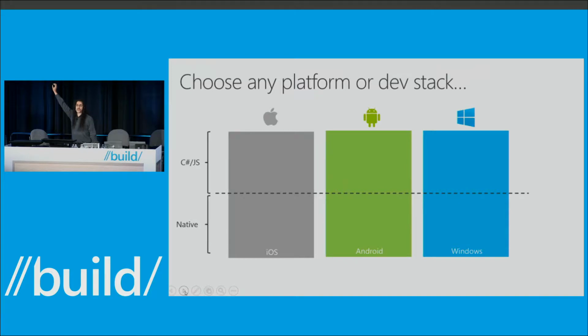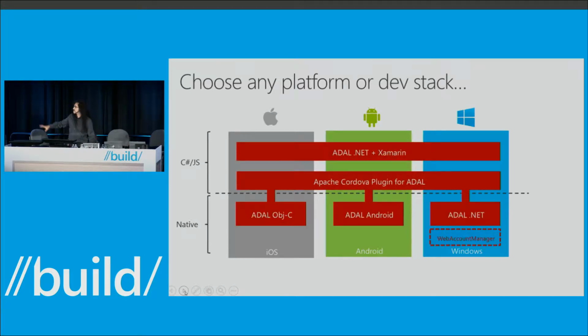You can choose to operate at the language level. During this talk, you'll see details of all these red boxes. For the time being, I can just tell you those red boxes help you to take advantage of Azure AD from your native apps. In fact, I even came up with a slogan that rhymes. Choose any platform or dev stack, Azure AD has your back. Isn't that memorable?